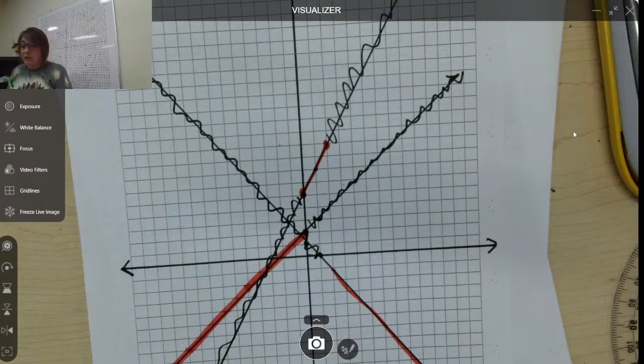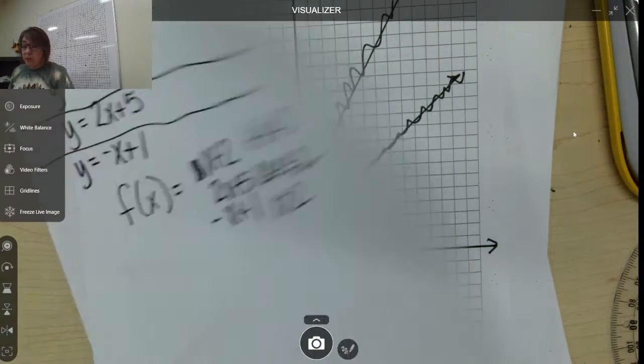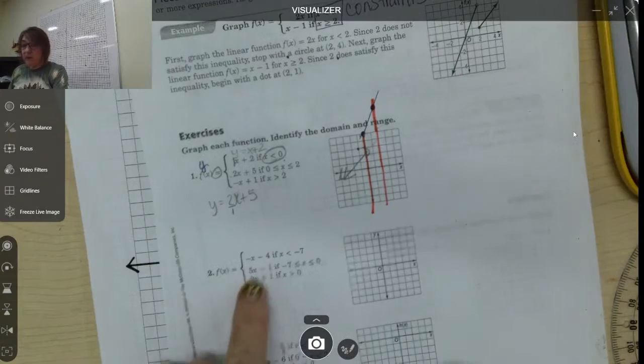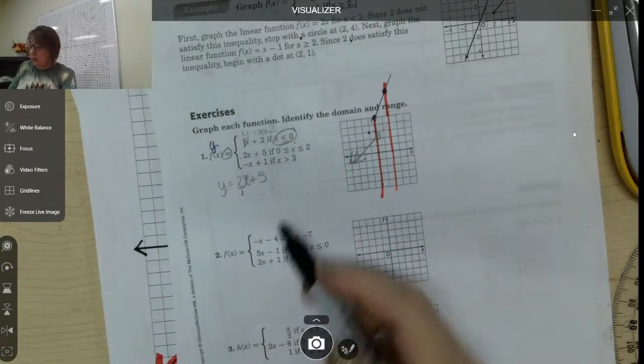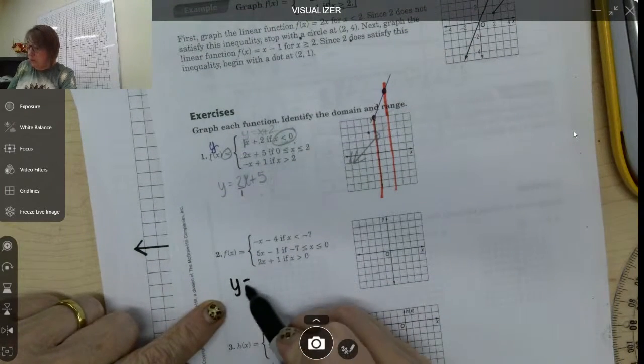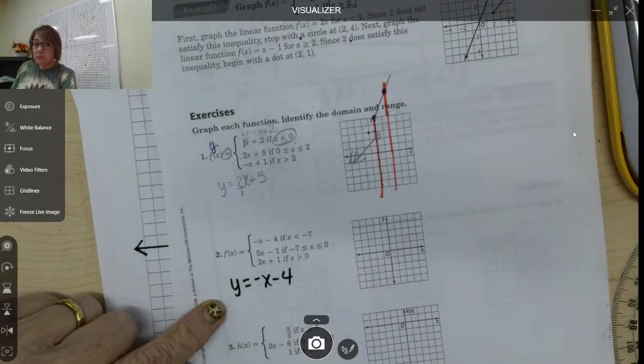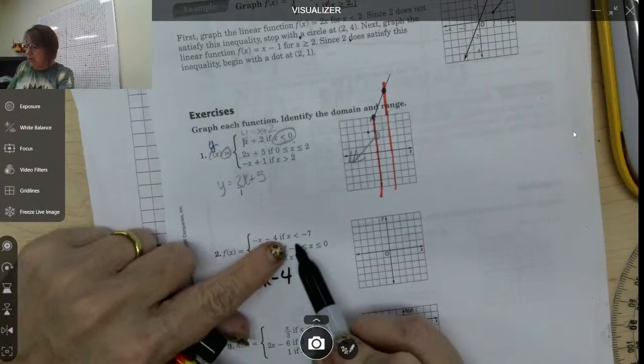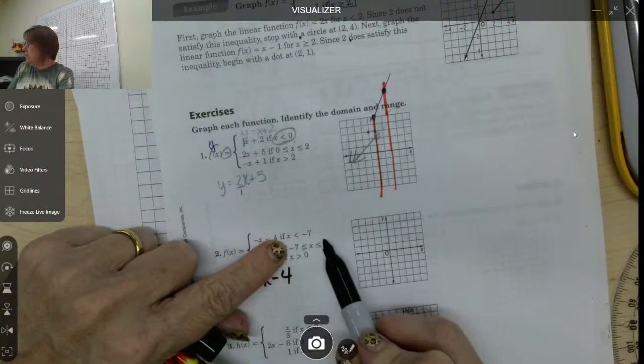Okay? That's what those constraints are doing. Those constraints are telling you what part of the line you can use. The equation part, if you look at this, the equation is y equals negative x minus 4. But it's telling you that x has to be less than negative 7.